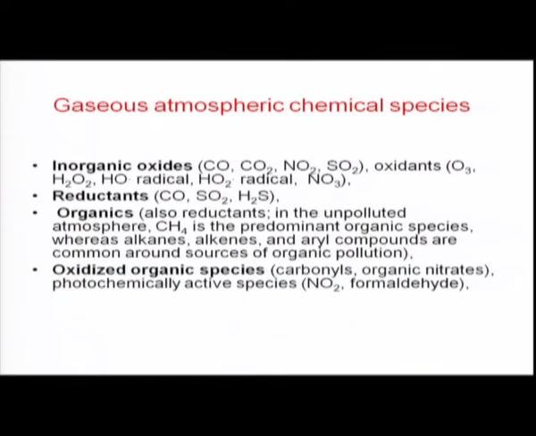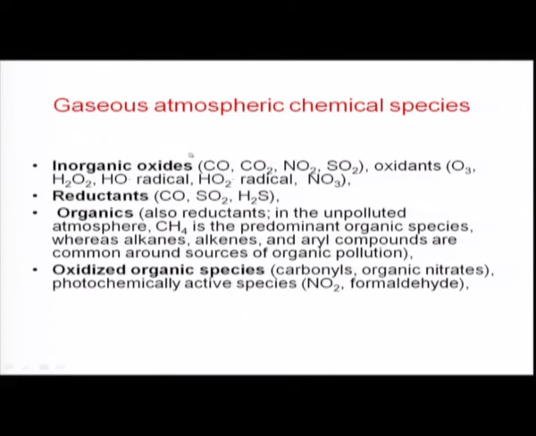In the atmosphere, various chemical species are present, especially in the context of pollution, so many gaseous pollutants and other chemical species. Let us have a look at what the important chemical species are. The inorganic oxides like carbon monoxide, carbon dioxide, nitrogen oxides, sulfur dioxide are all present, including oxidants like ozone, hydrogen peroxide, hydroxyl radical, hydroperoxyl radical, NO3.